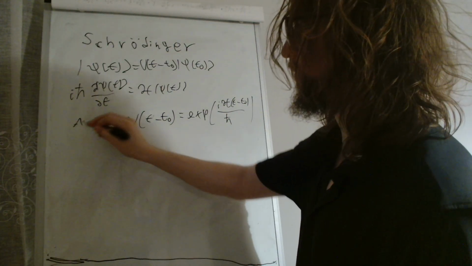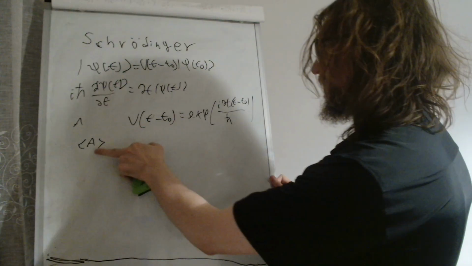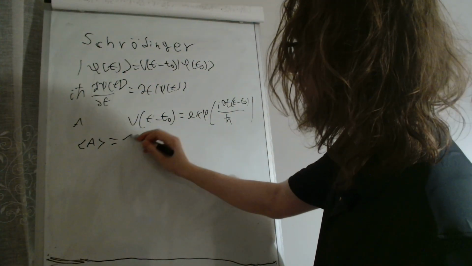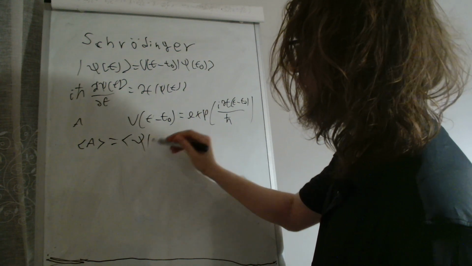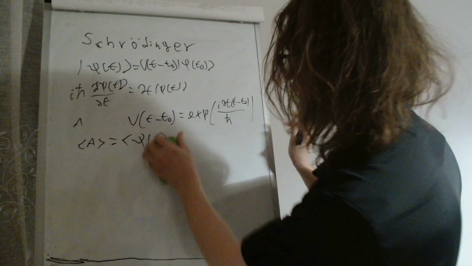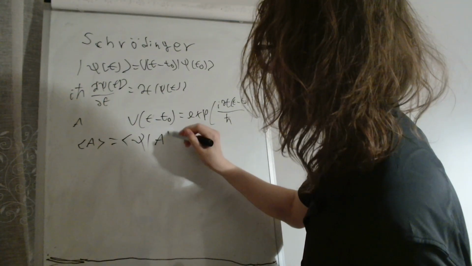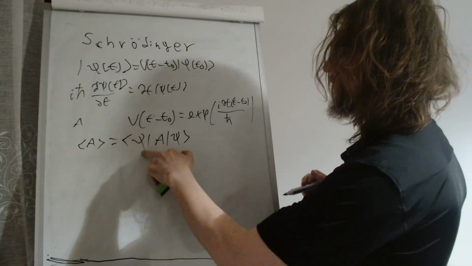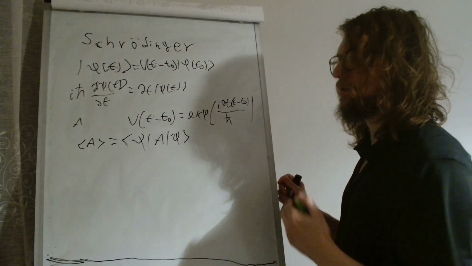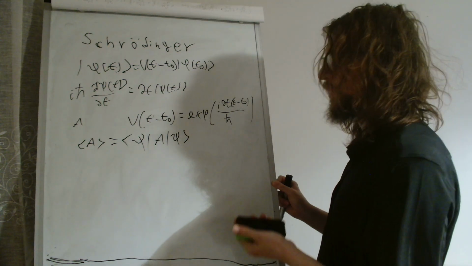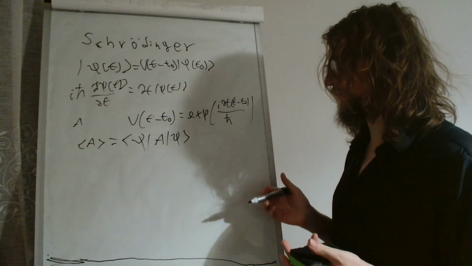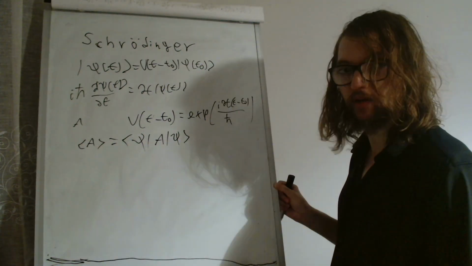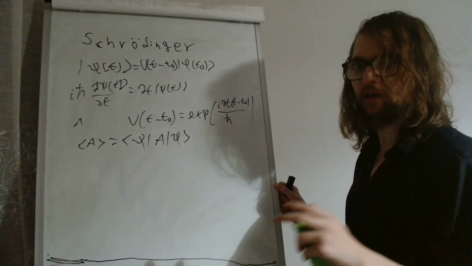Let's say we have an observable A. The average value of the observable can be written with this bracket product, psi A psi. So we never measure psi and the observable themselves directly. So we can have different pictures, different descriptions of quantum mechanics by changing the way we describe states and observables, as long as these products are the same.